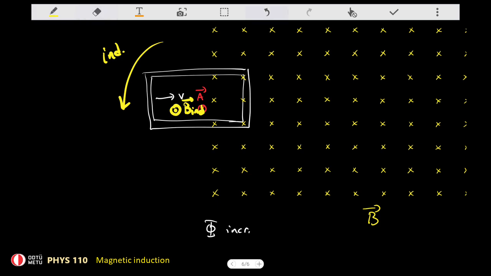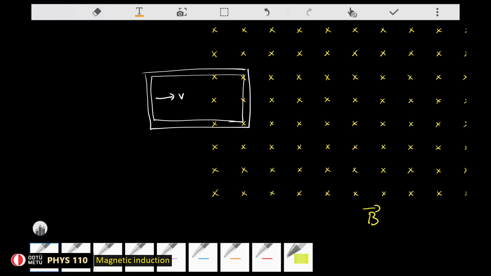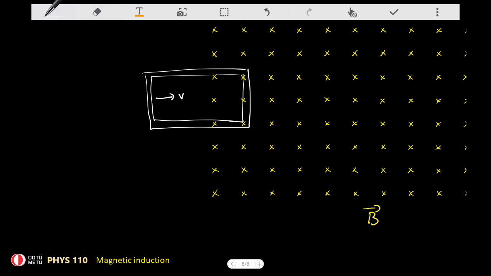Let me erase these, or let me undo. Now I'm going to erase these. Right. Let's then talk about the situation with the sign.